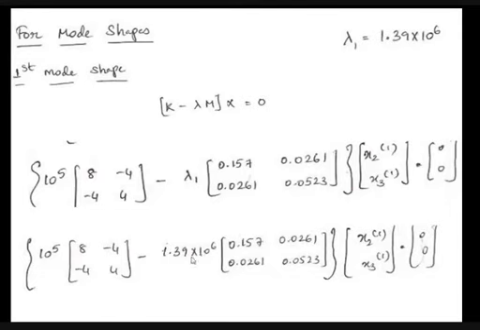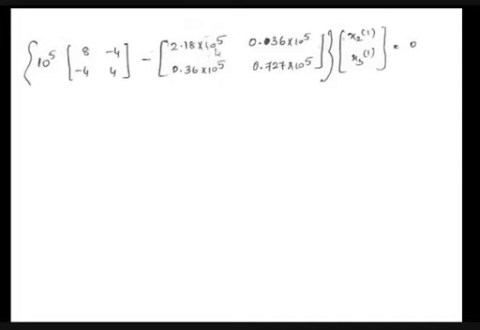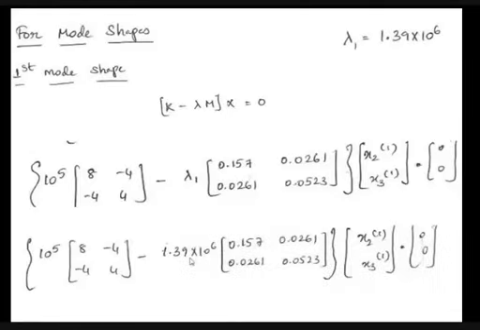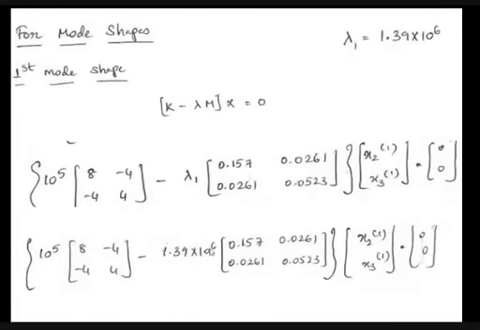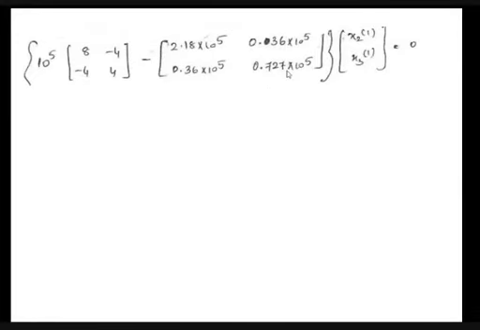So 1.39 into 10 to the power of 6 into 0.157 will give me 2.18 into 10 to the power of 5. Same way, 1.39 into 10 to the power of 6 into 0.0261, I'll be getting 0.36 into 10 to the power of 5. Then 1.39 into 10 to the power of 6 into 0.0523 will give me 0.727 into 10 to the power of 5. x2 of 1, x3 of 1 is equal to 0.